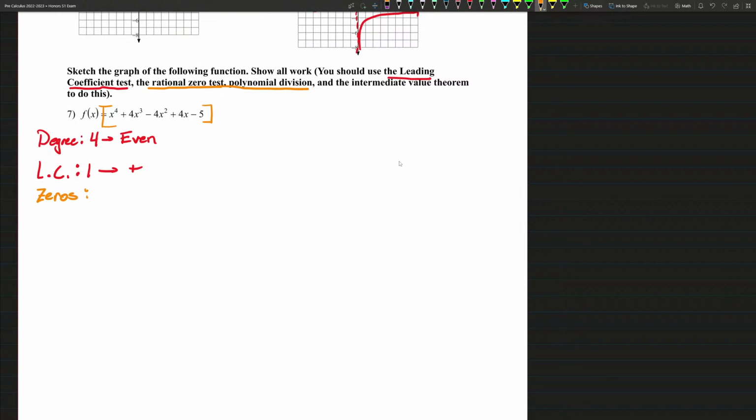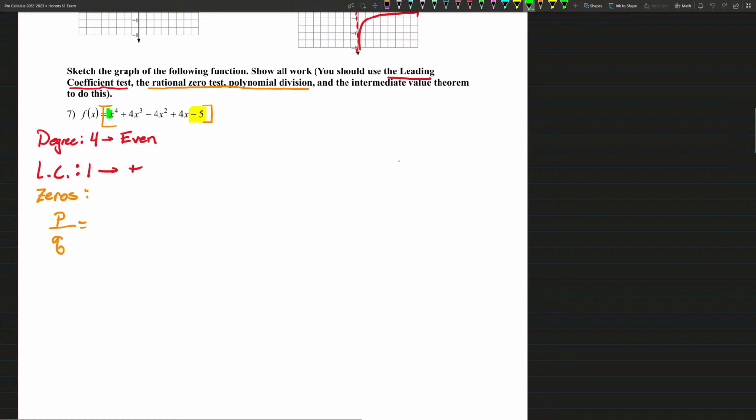Again, ideally, you're looking at a graph on your calculator to help you get a good idea of what the zeros actually are. That way you can test those things. But in order to start this, we need to use the rational zero test. The rational zero test says that we're going to take factors of the constant term over factors of the leading coefficient.